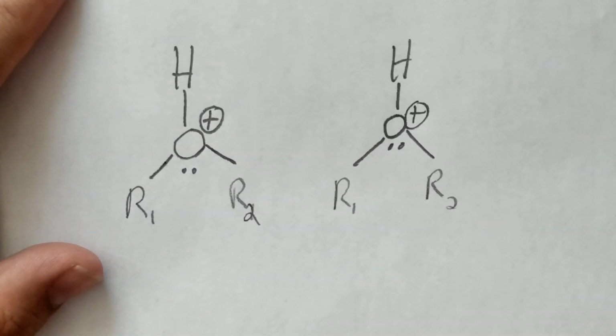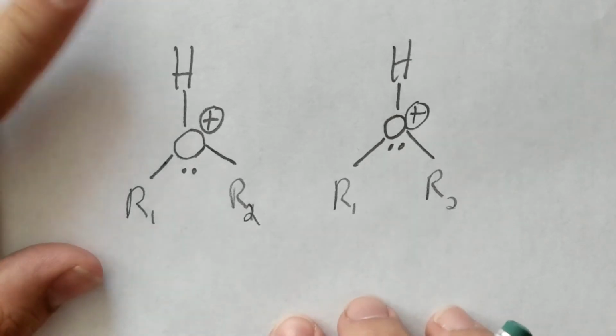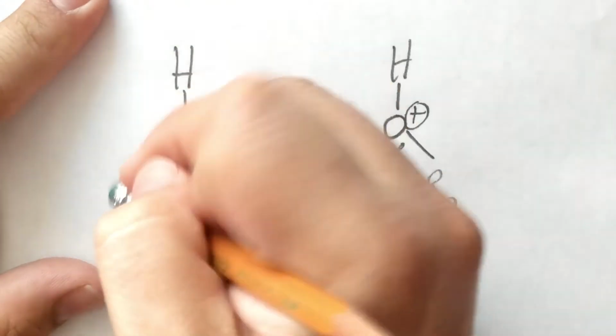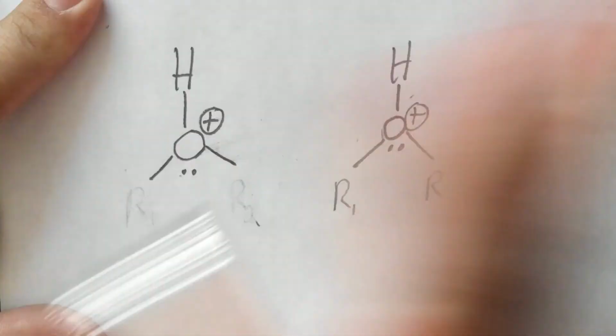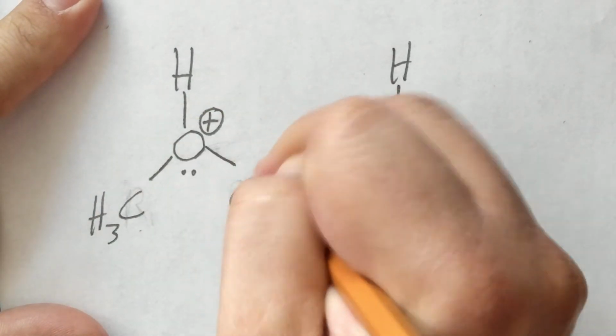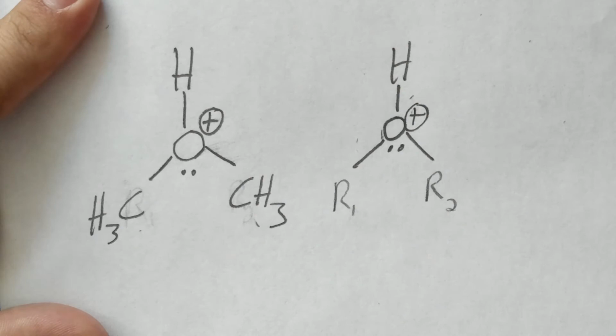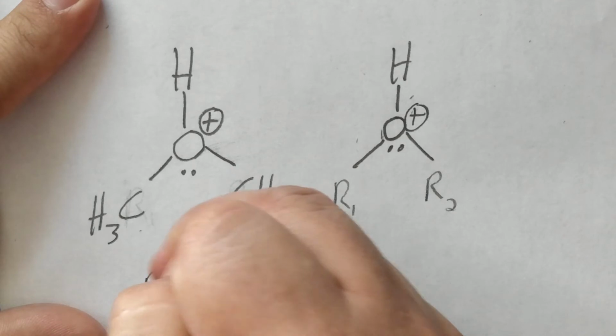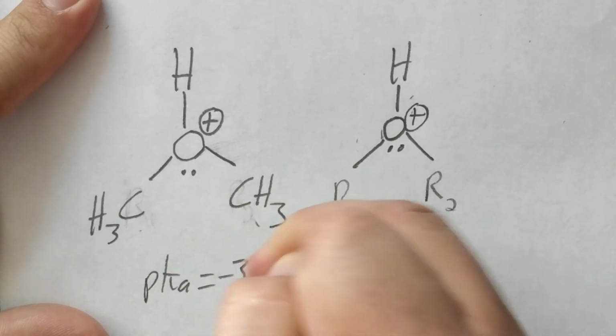Okay, so here we are with our two structures. This is the generic form that you see in the pKa table. So in the case where we had the two R's as methyls, it means there are two methyls in this spot. And as the chart indicates, the pKa for that is, just looking it up right now on my screen, minus 3.8.